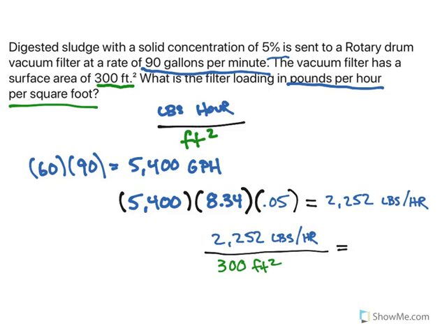So let's go ahead and do one more division problem. And we get an answer of 7.51 pounds per hour per square foot.